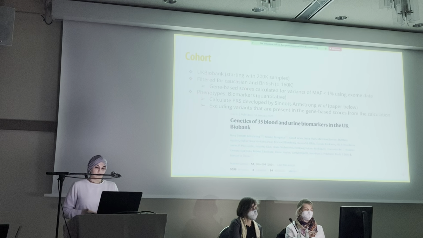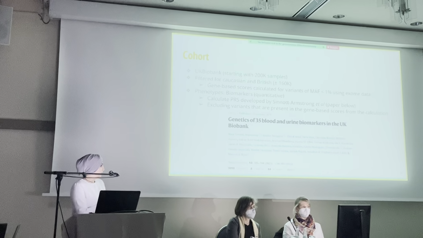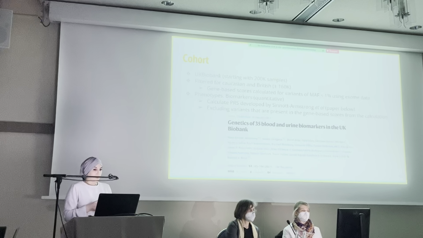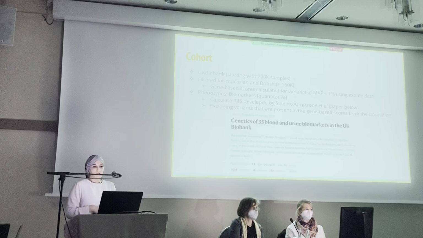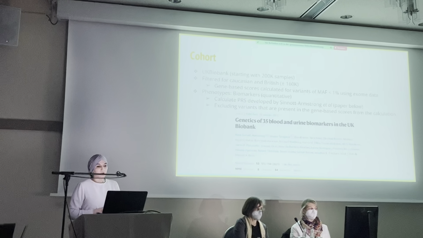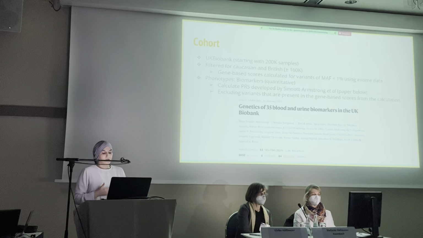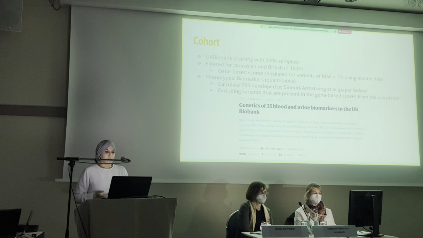These biomarkers are quantitative, and we used this paper shown here as a reference. We calculated the PRS by default following the same paper, but when we calculated this PRS, we excluded the variants that are present in the gene-based scores from the calculations, just to avoid collinearity.